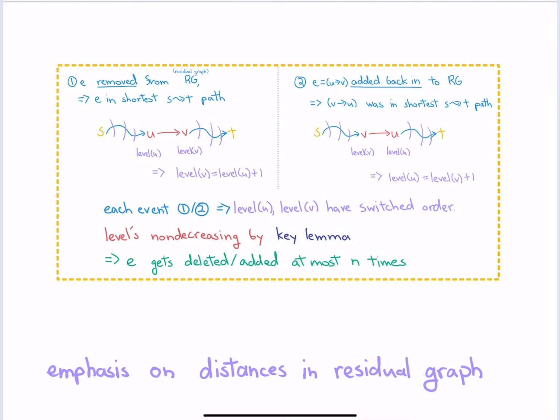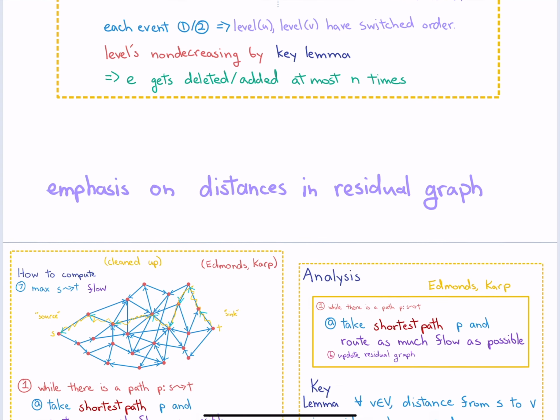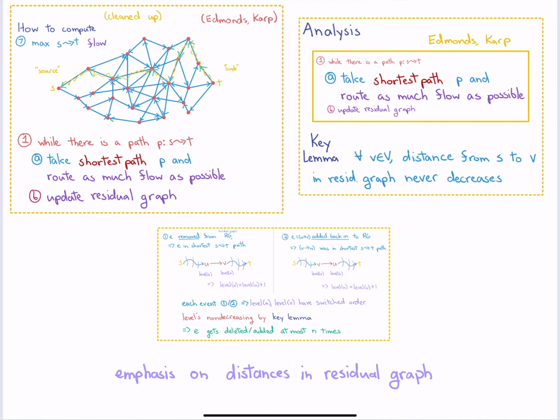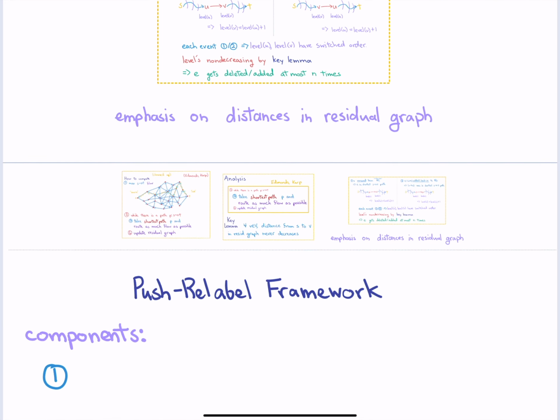I think that's sort of unusual. Okay, so today's algorithm also is going to have a lot of emphasis on distance, which is sort of some kind of dual interpretation.